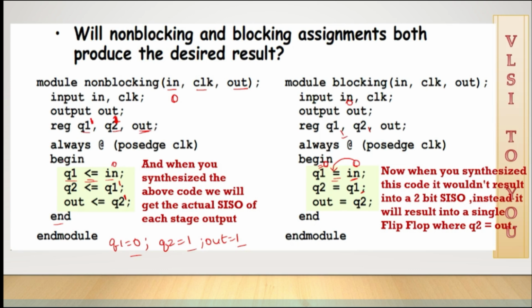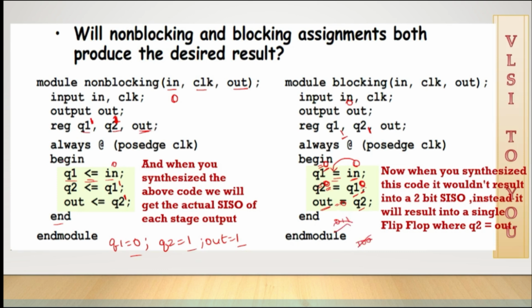It is not 1, it is 0. After Q1 is assigned as 0, it is given to Q2. What is the Q2 value now? 0. It is not 1 as you had taken. Now this Q2 value is given to output. So what is the output value? Obviously 0. So the values you gave were 0, 1, 1, but the output you are getting is 0, 0, 0.